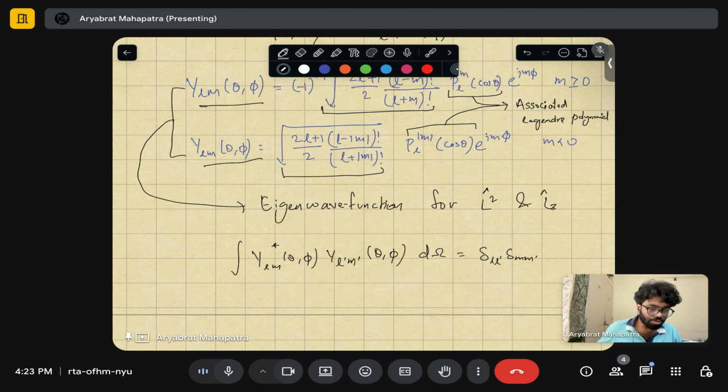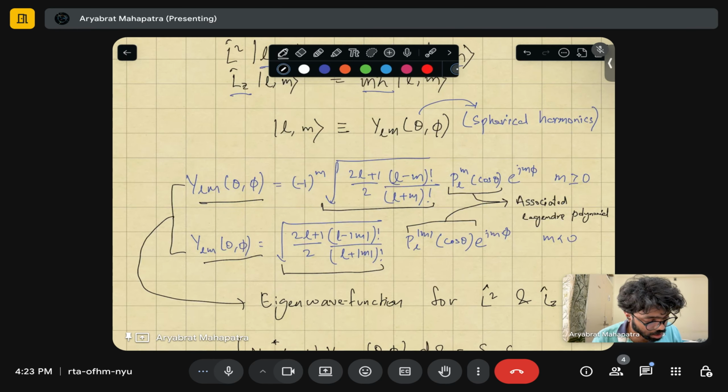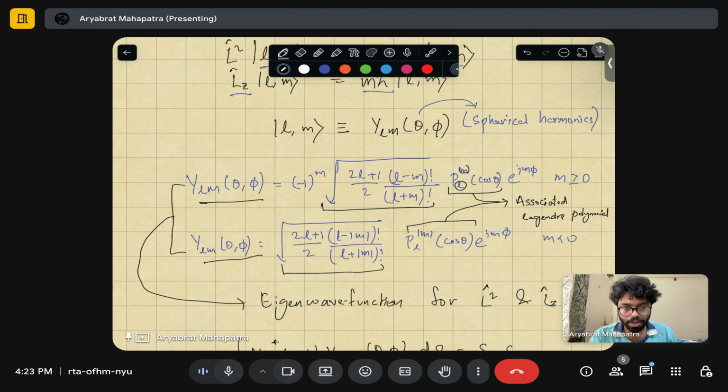Note one thing: all these wave functions depend on two integers, two quantum numbers, L and M. This is different from the wave functions you have come across, like for the infinite well or the harmonic oscillator, where you generally only had one quantum number n.